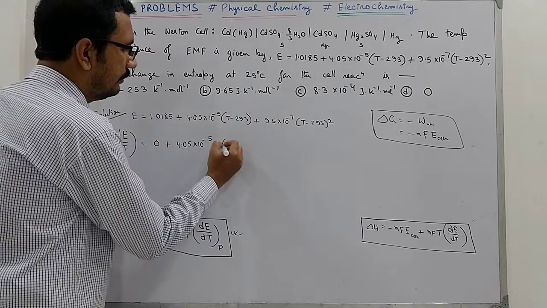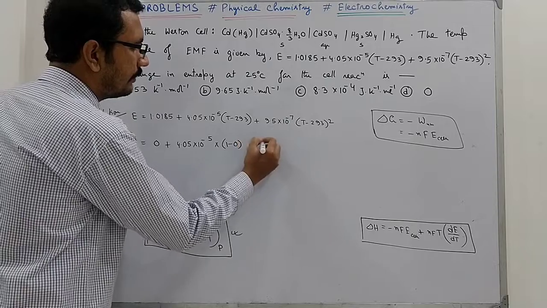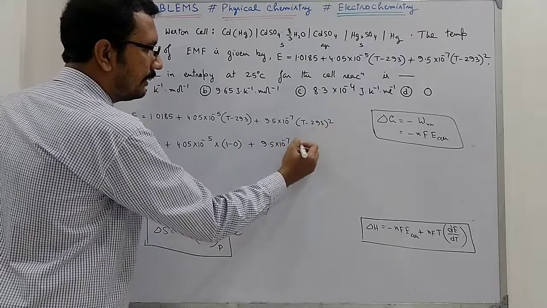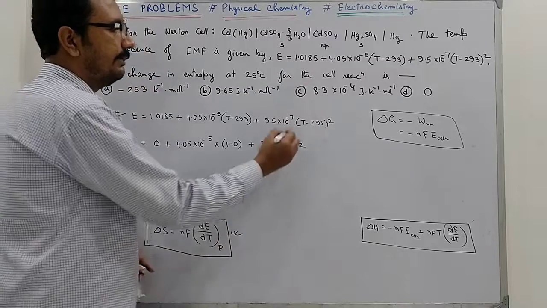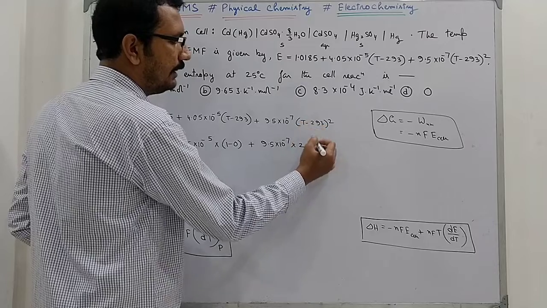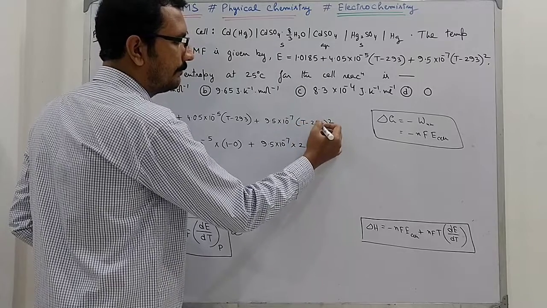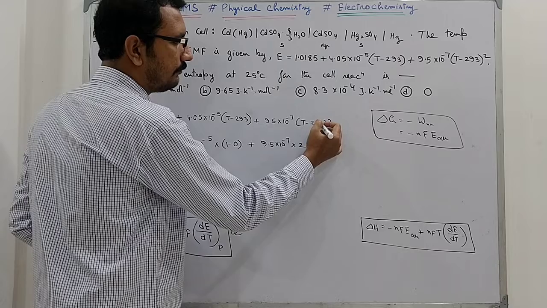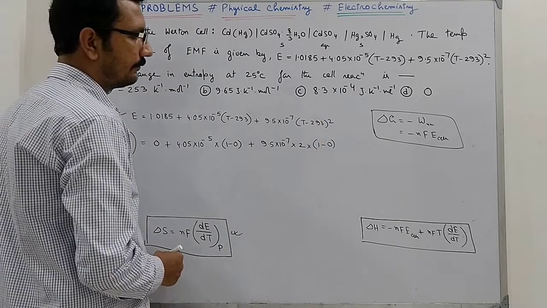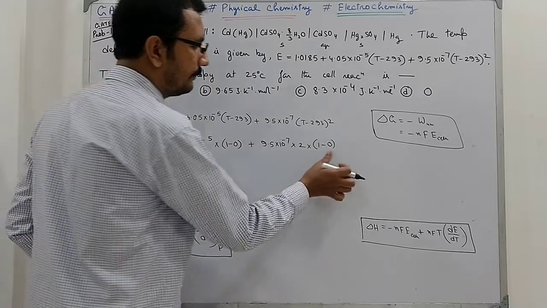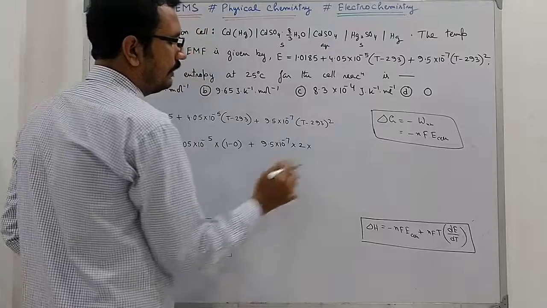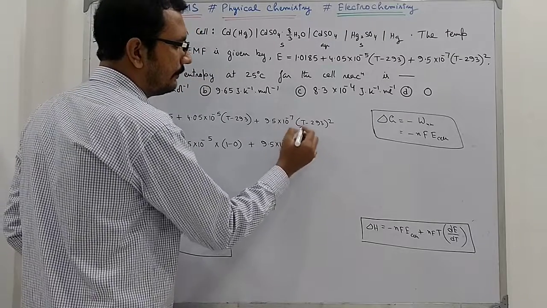So it will be multiplied by 1 minus 0 plus 9.5 times 10 to the power minus 7, and this power will come in front, 2, and then the derivative of this part will occur. So again the derivative of T with respect to T will give you 1, and this one will be 0, and you see, I have told this wrong.